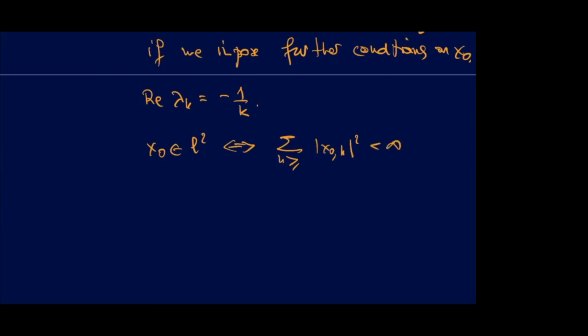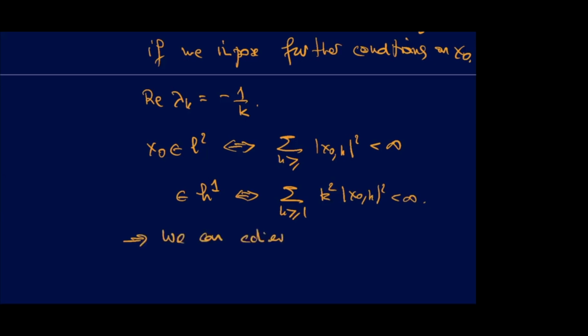I will give you some further information: that the initial datum is in what could be the discrete analog of the Sobolev space H1, in which you have further information on the integrability of the sum, like in Plancherel's identity, right? You have this. Okay. So my claim is that in this case, we can achieve polynomial decay.